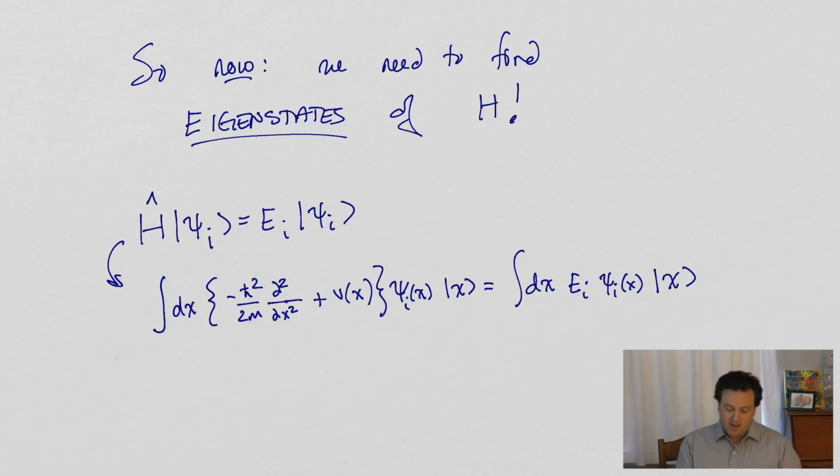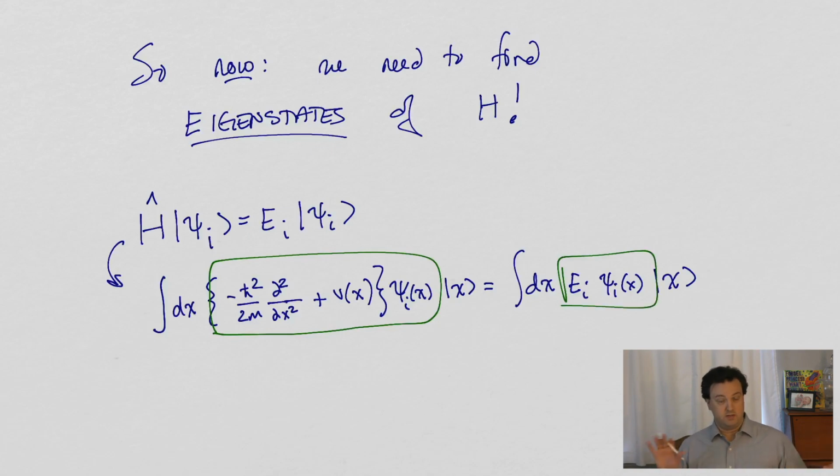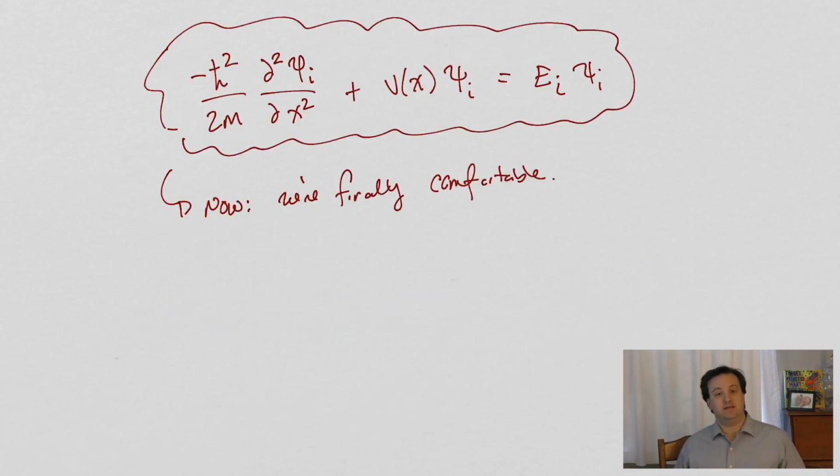I can then set the left-hand side equal to the right-hand side, right? If the integrals are equal to each other, it's easiest for the integrands to be equal to each other, and therefore if I solve for the integrands being equal, I will automatically get the integrals being equal. And so I'm left with this expression, which is an eigenvalue problem, right?